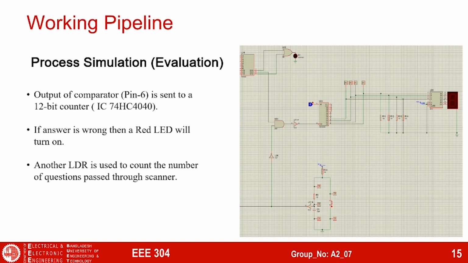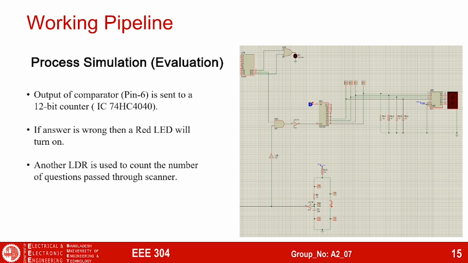Then we go to the evaluation section, and for evaluation we have used a 12-bit counter. What happens is that the output of the comparator and another output from the first LDR scanner, which scans the number of questions, are sent to the counter.